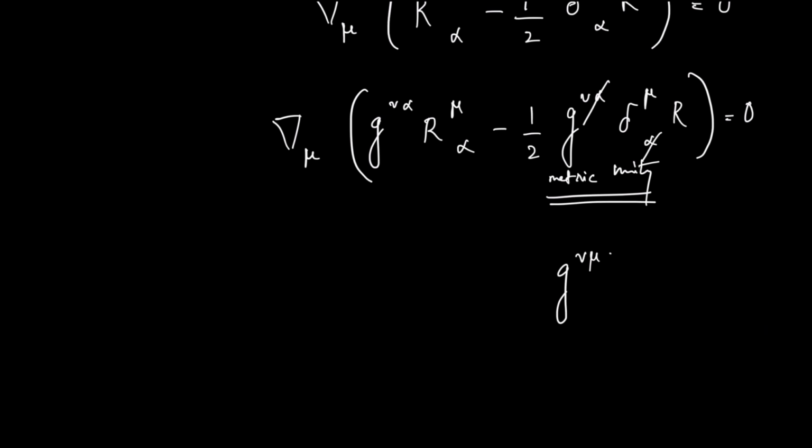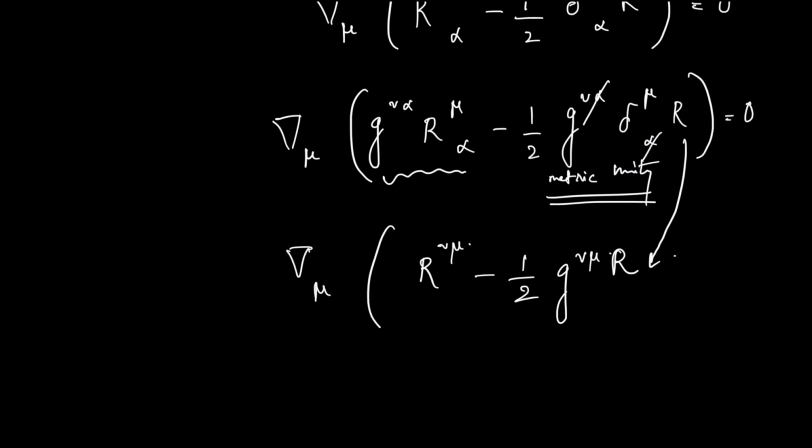And similarly here, if I multiply these two, I will get R mu nu or R nu mu, minus 1 by 2, and this R will be there as it is, equal to 0.